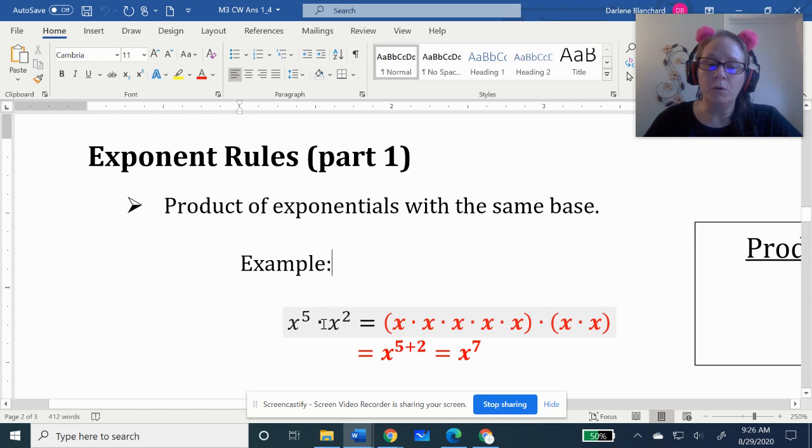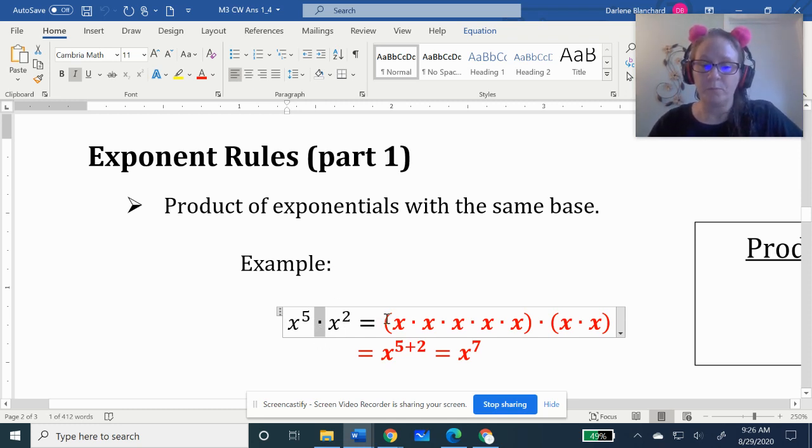Because we are multiplying these two exponential expressions, it is telling me that I am multiplying it 5 times, plus I am multiplying it another 2 times. And that's why this exponent rule provides addition.